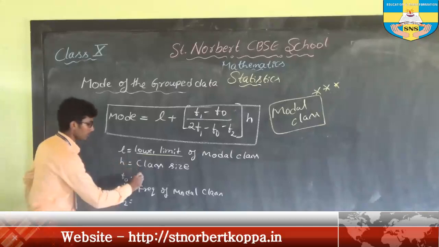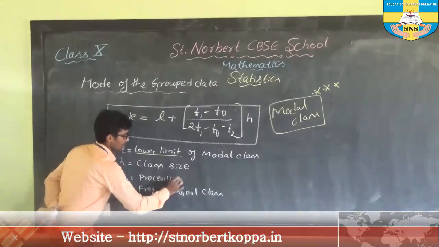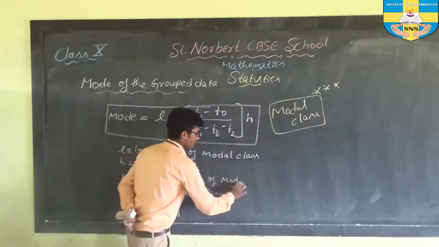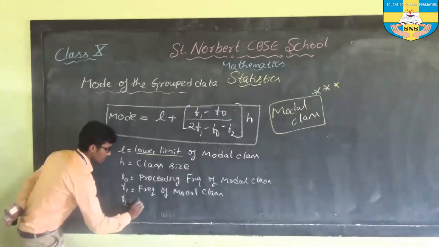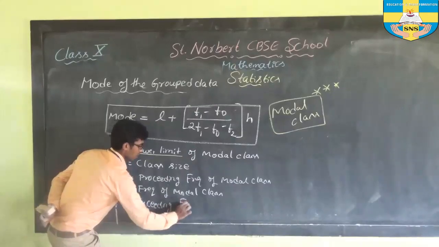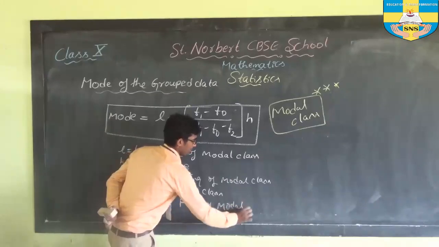Then what is F0? The preceding frequency of the modal class. Then F2 is the succeeding frequency of the modal class.